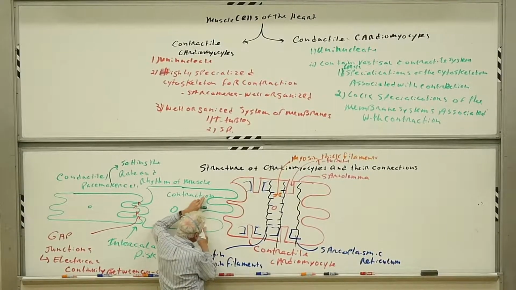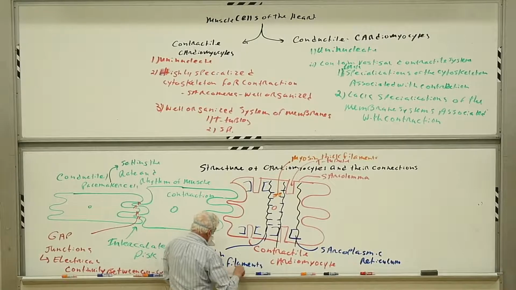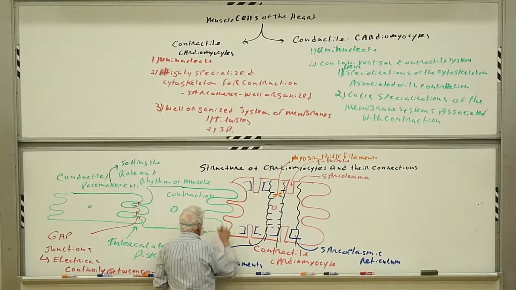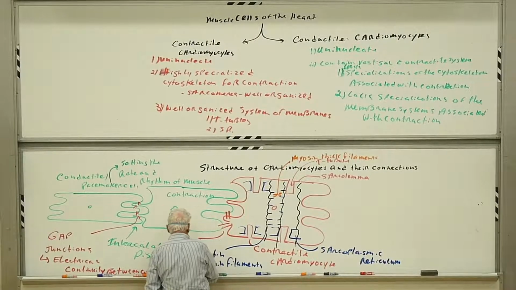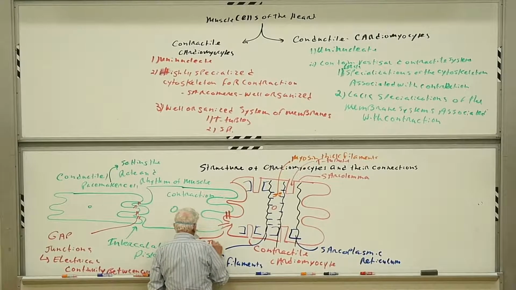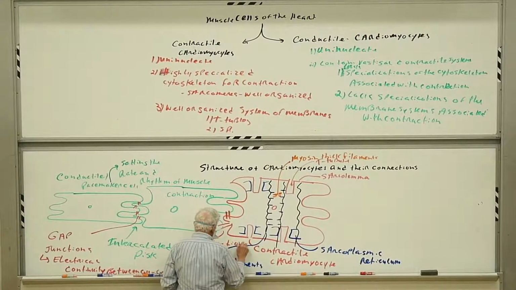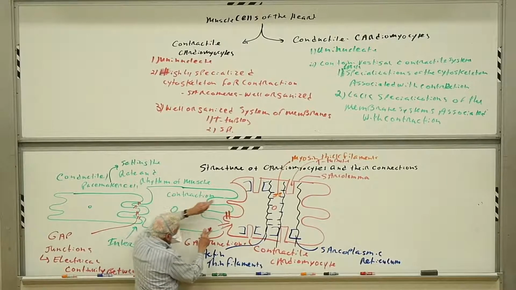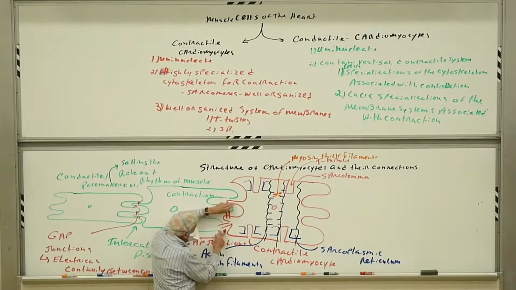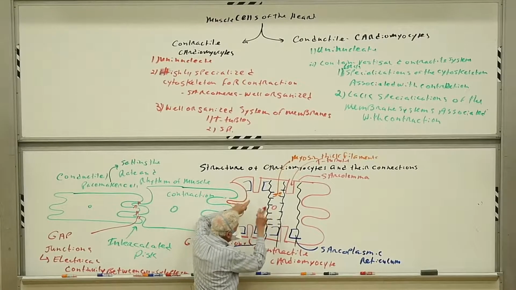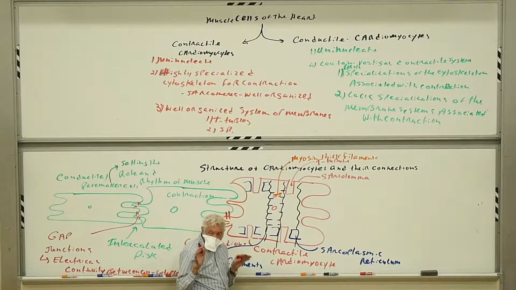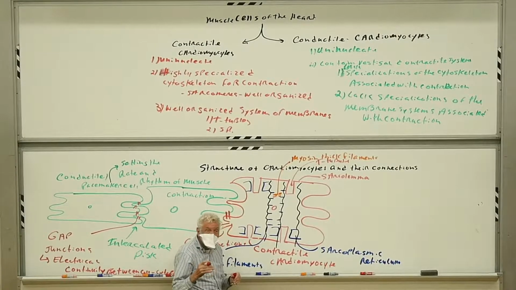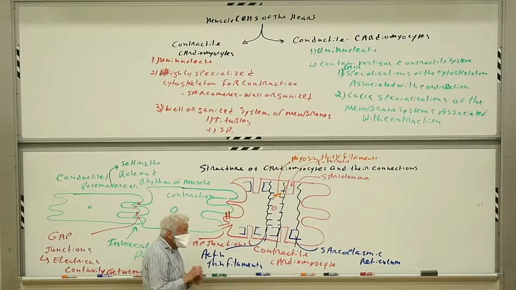And then, through gap junctions, the conductile system delivers electrical signals to the contractile cells to tell these guys to contract. So we have this kind of division of labor, and we have an anatomical division of labor as well. So any questions up to here?